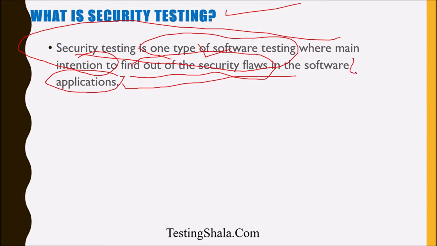We have to ensure that we follow all the security aspects and abide by all the security protocols, so that the application is well secured from external intruders hacking our application. That is the main intention of performing security testing in a detailed way.